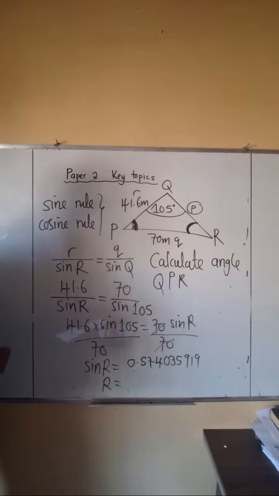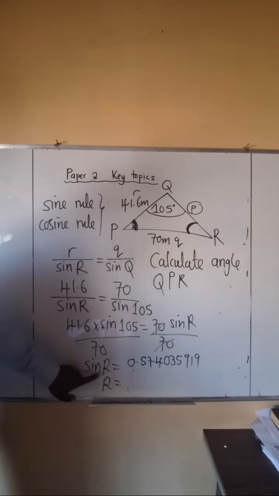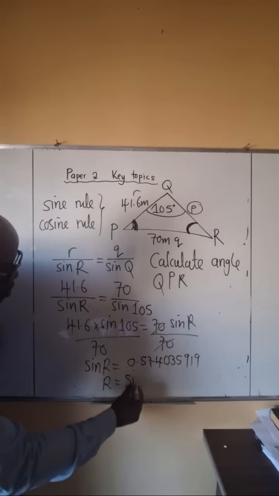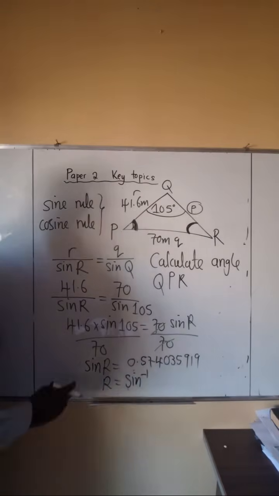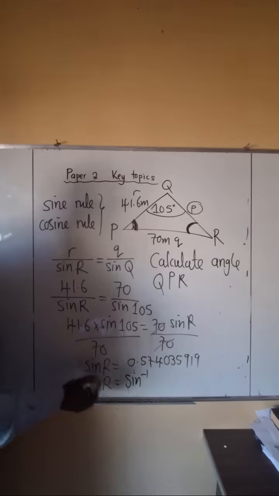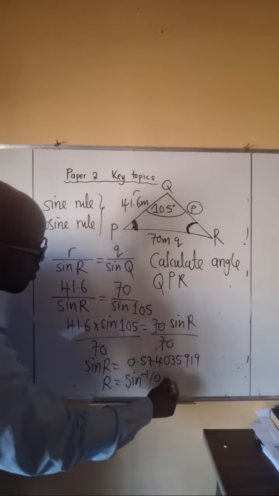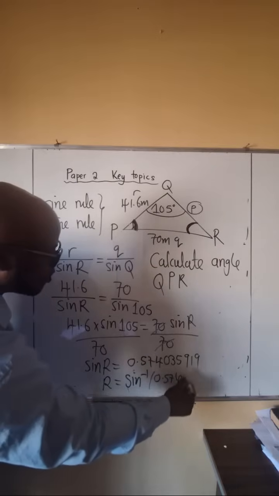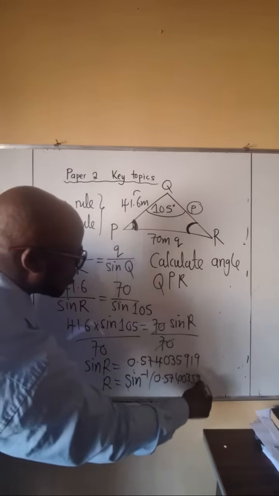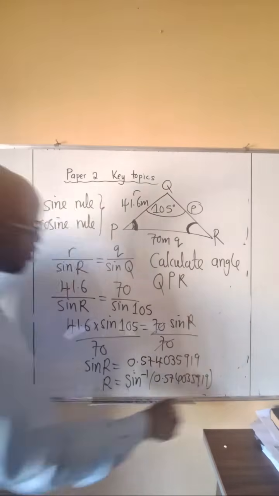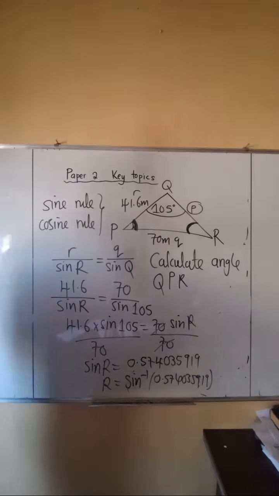Look at this. I want you to see something. There is sine R here. So now for me to get rid of this sine R, I'm going to write the R which is here, and then I'll write the opposite of sine R, which is sine inverse, sine power negative 1 of 0.57403591.